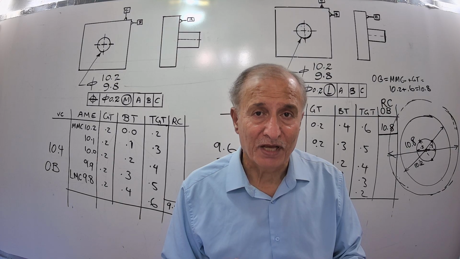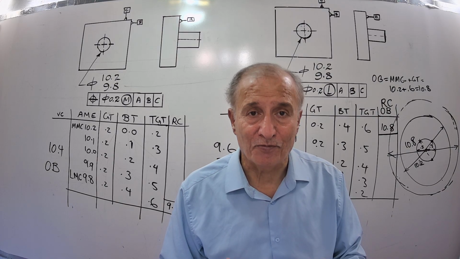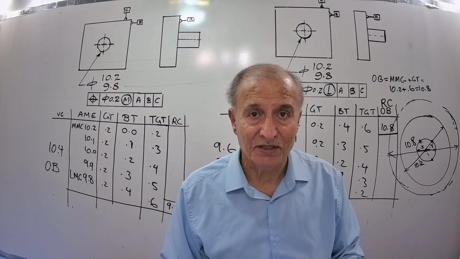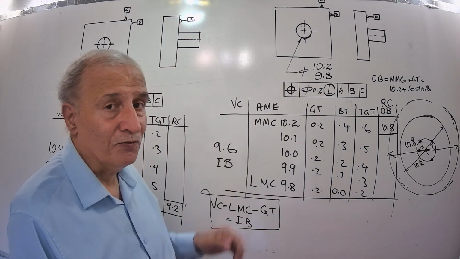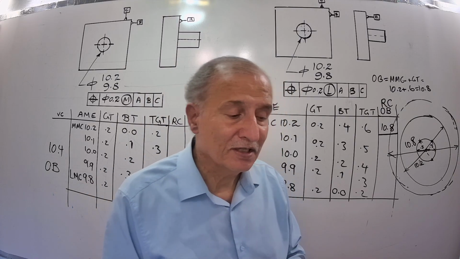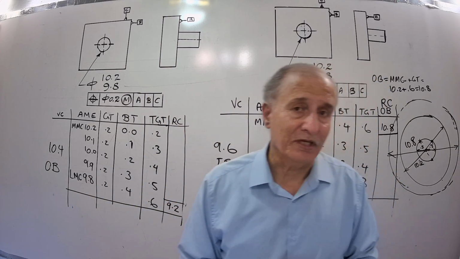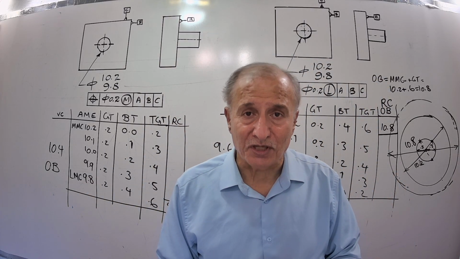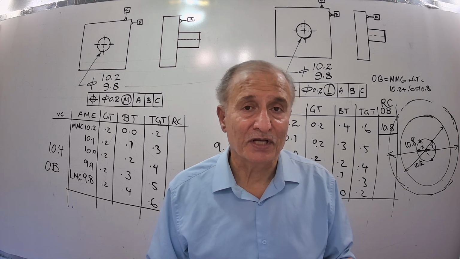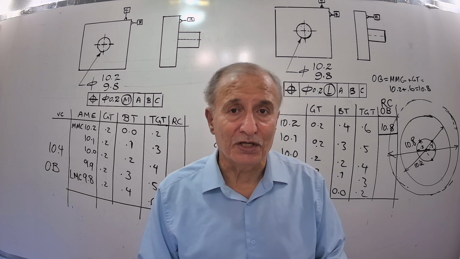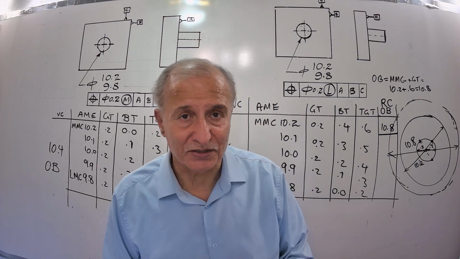Does the part have enough material to protect its strength? This is why inner boundary tells us. If you go less than 9.6, the part cannot actually be protected and it will be weaker. The strength here is the most important goal in this design.